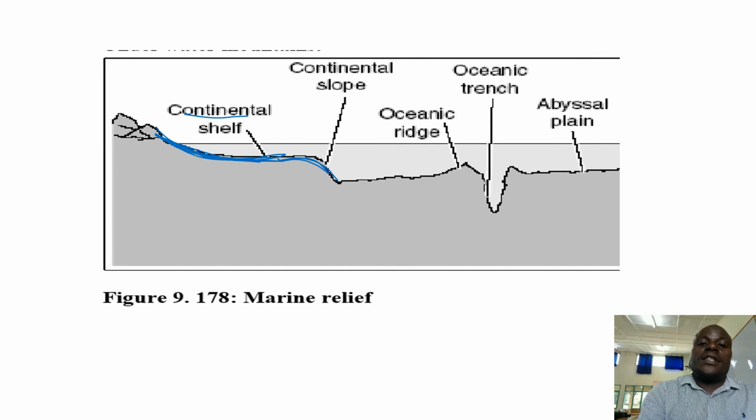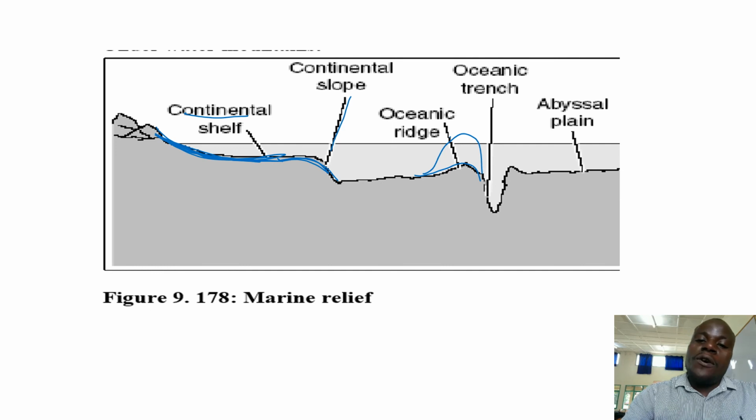This one we have called continental slope. After that, you go to this raised ridge, standing. Sometimes we say it reaches the water level or goes beyond the water level, called oceanic ridge.